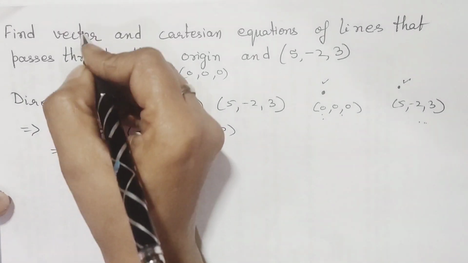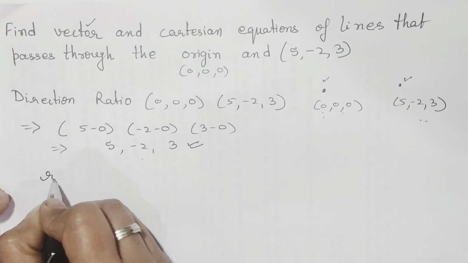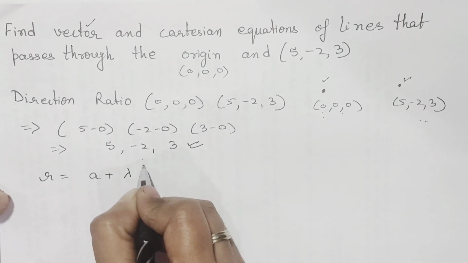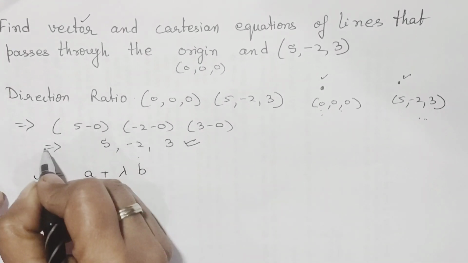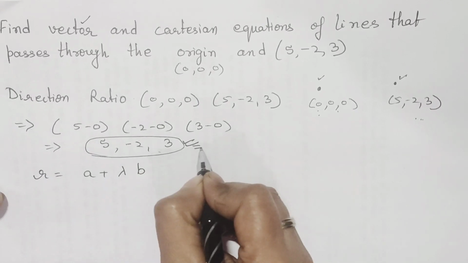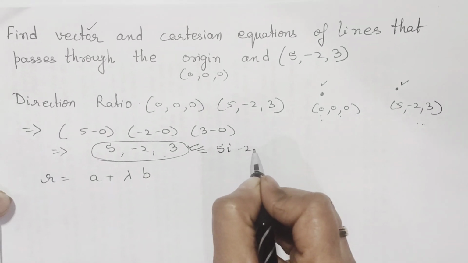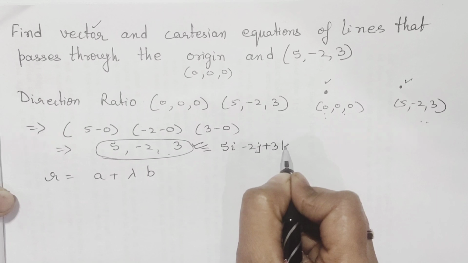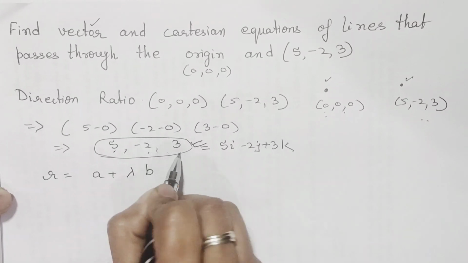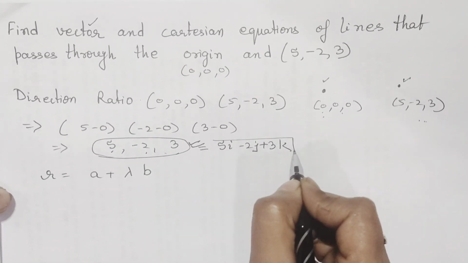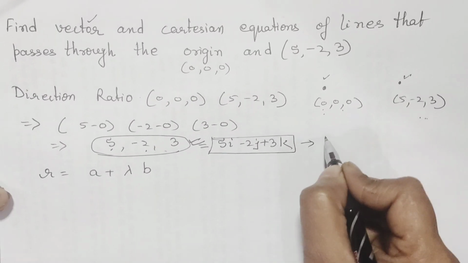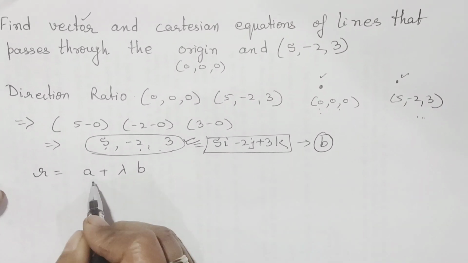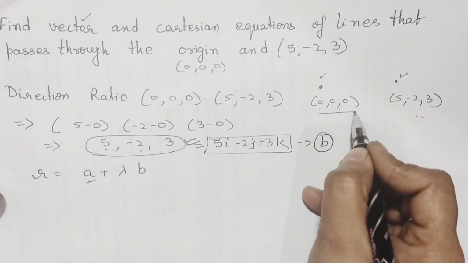Now the equation in vector form is r equals a plus lambda b. So b becomes 5i minus 2j plus 3k, because this is the x-axis, this is y, this is the z-axis. Now I will take the point A as 0, 0, 0.